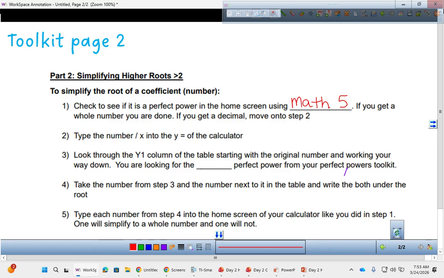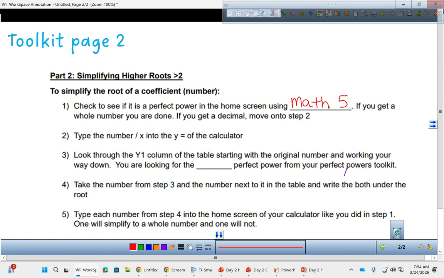Let me just check to make sure I'm not lying to you. Yes, math 5. Now for half of us that might look different on your calculator, depending on the version of the calculator you have. So I'm going to show you what that looks like for both versions when we do an example, okay? But math 5 for all of us is the same button we choose. It's just the way it looks might look different.